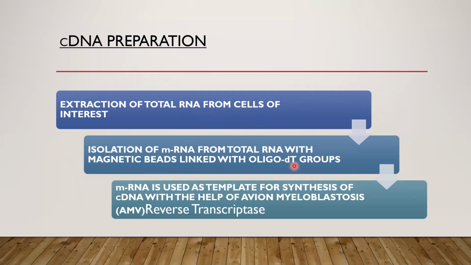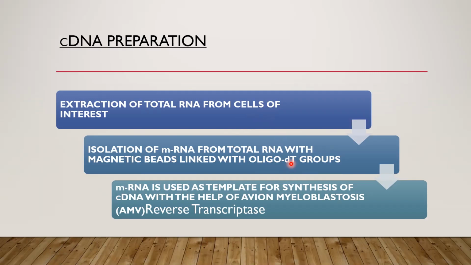When we use total RNA solution, these magnetic beads will take up messenger RNA because messenger RNA has a poly A tail. That poly A tail will bind to oligo-dT groups, and from those magnetic beads we can isolate the messenger RNA.